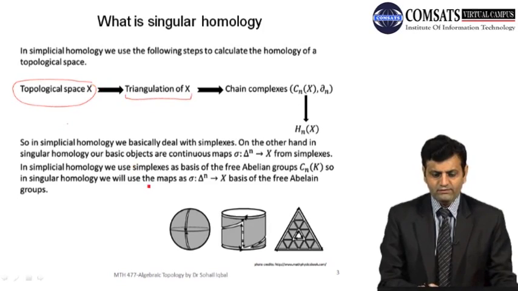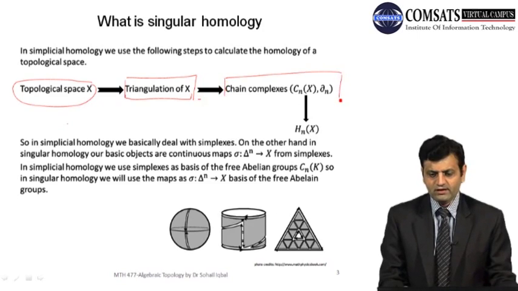For example, if it was a torus, we triangulated the torus. If it was the real projective plane, we triangulated the real projective plane, and so on. After triangulating the topological space, we constructed the chain complexes and then we constructed the simplicial homology of that topological space.